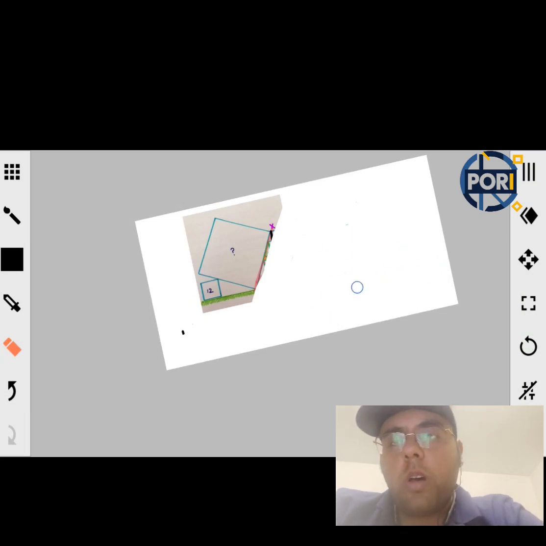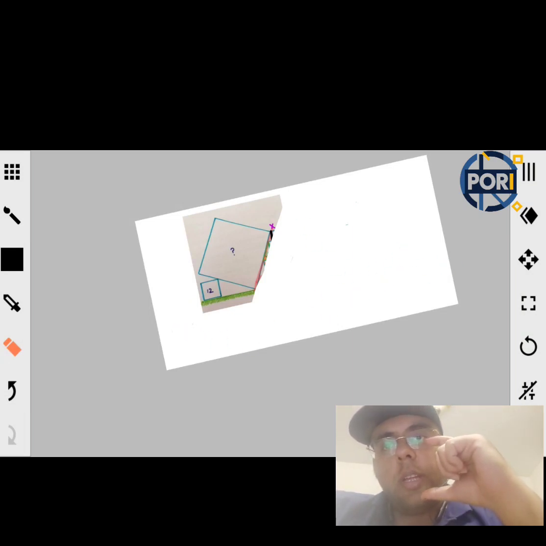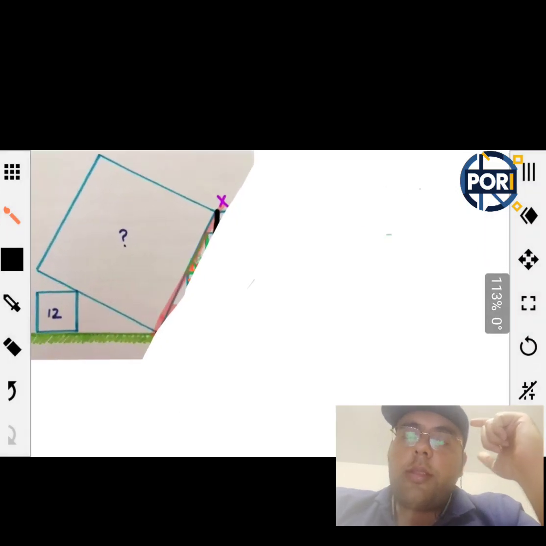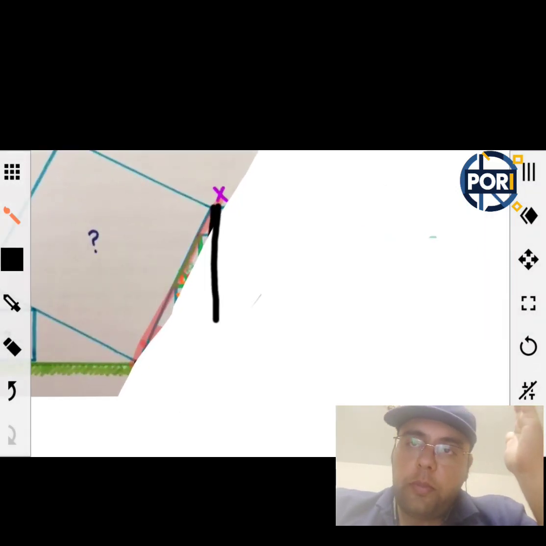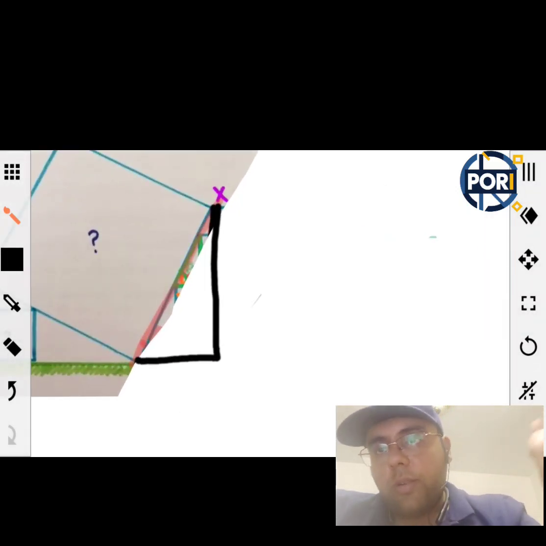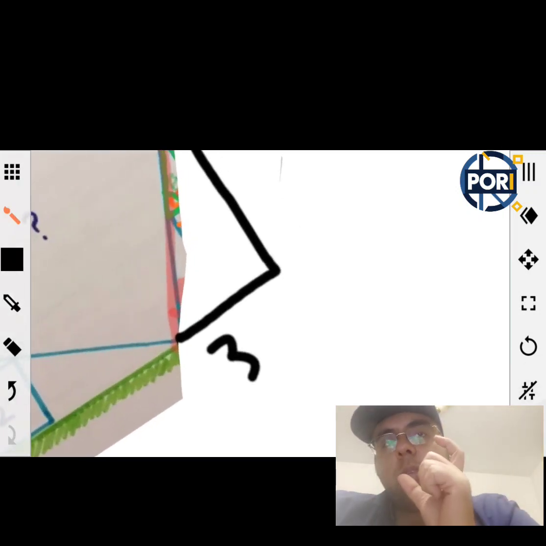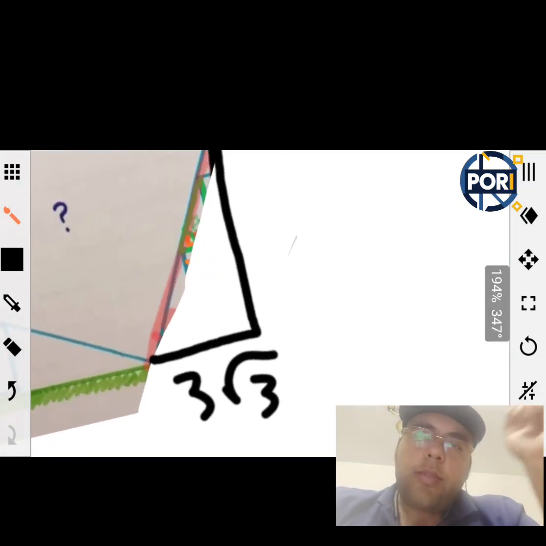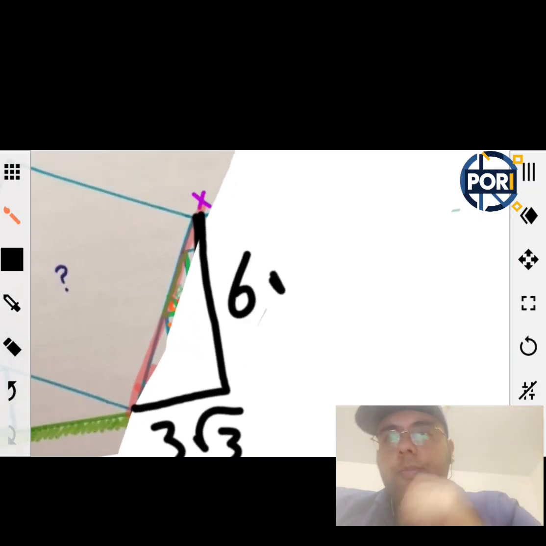Now we find that h is equal to 6 times the square root of 3 and m equals 3 times the square root of 3.